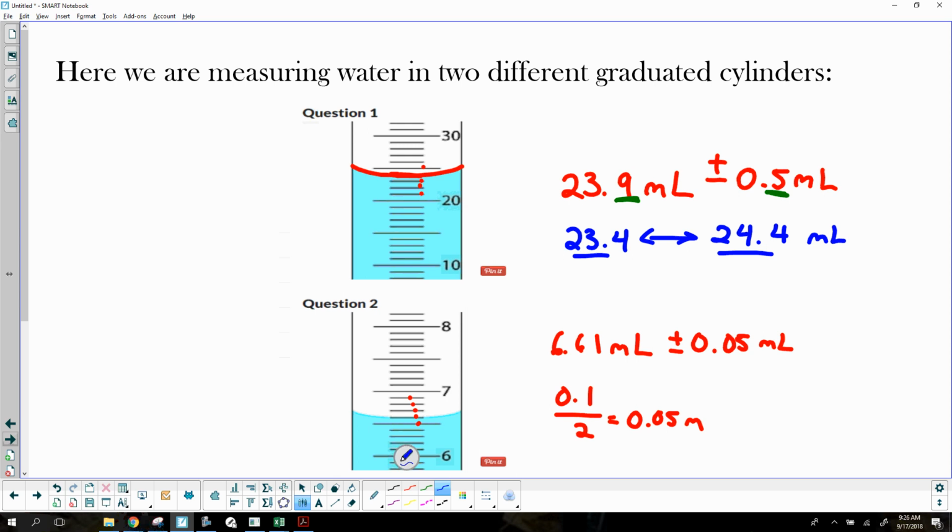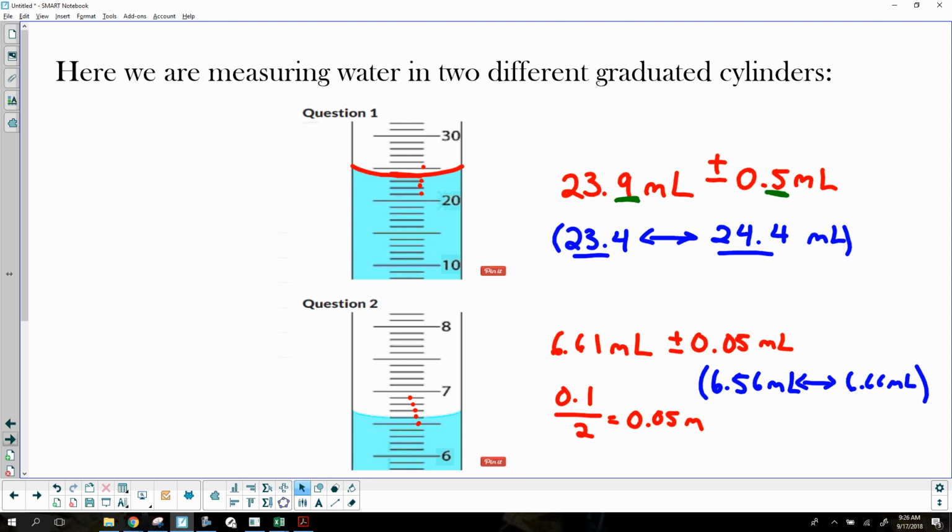Same goes with down here. I can say I go between 6.56 milliliters to 6.66. And I know for a fact that my measurement has to be between these values.